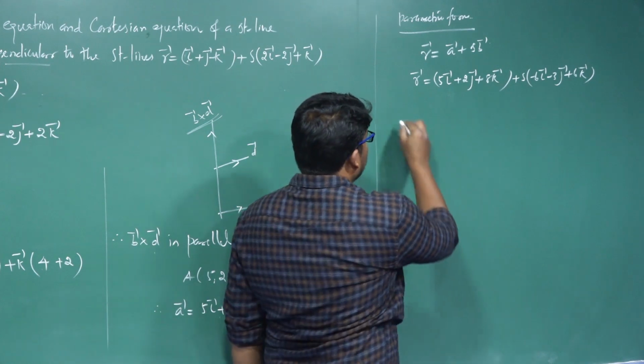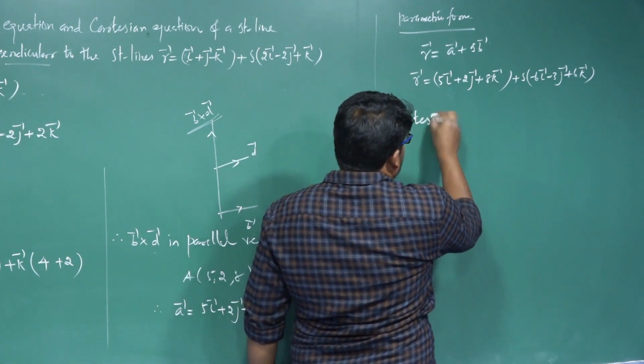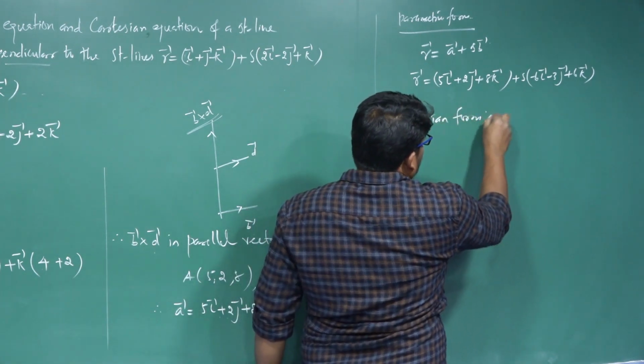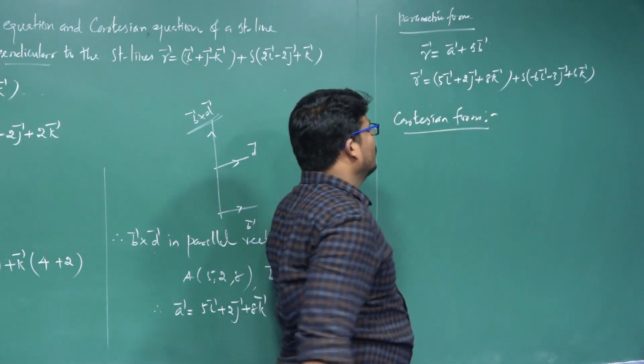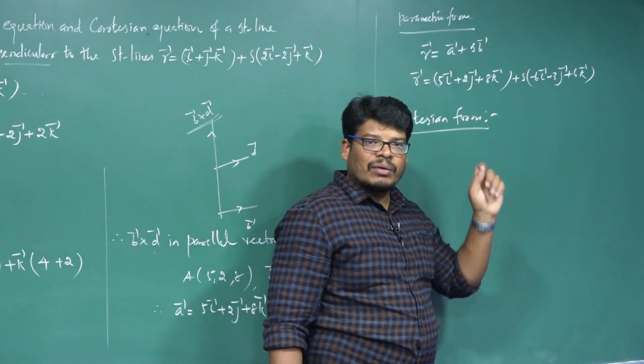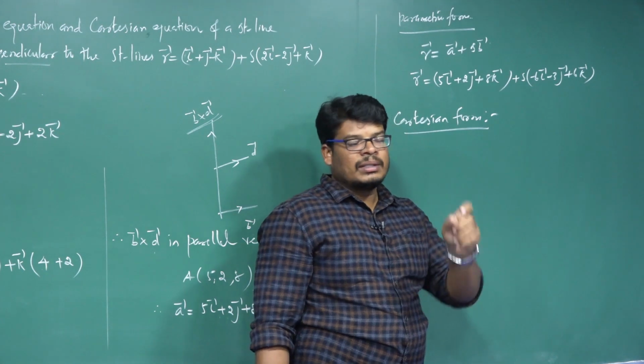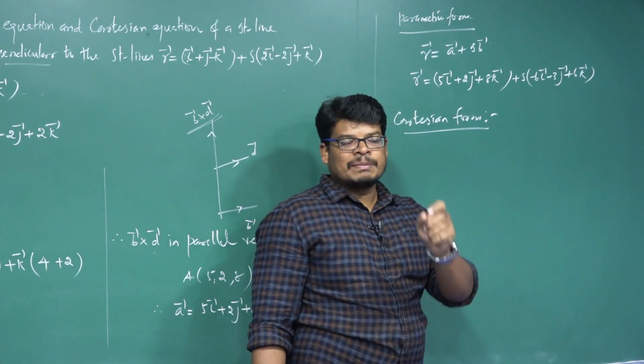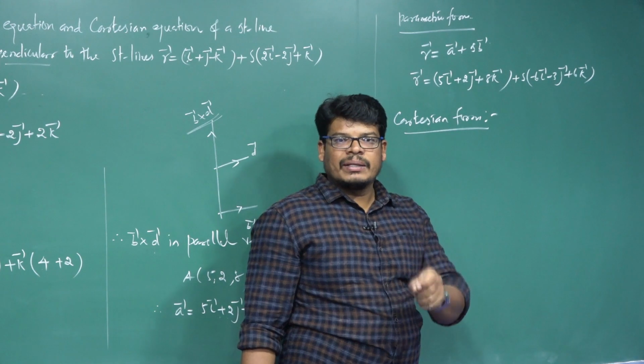Next, find the Cartesian equation. The Cartesian form for one point and one parallel vector is (x minus x1) by b1 equals (y minus y1) by b2 equals (z minus z1) by b3.